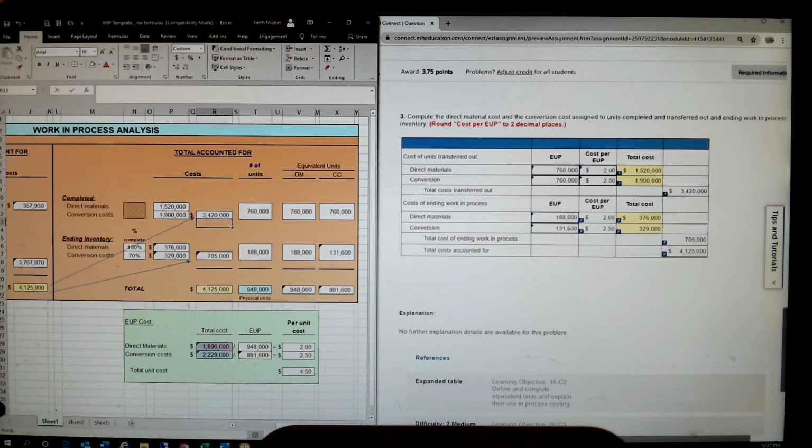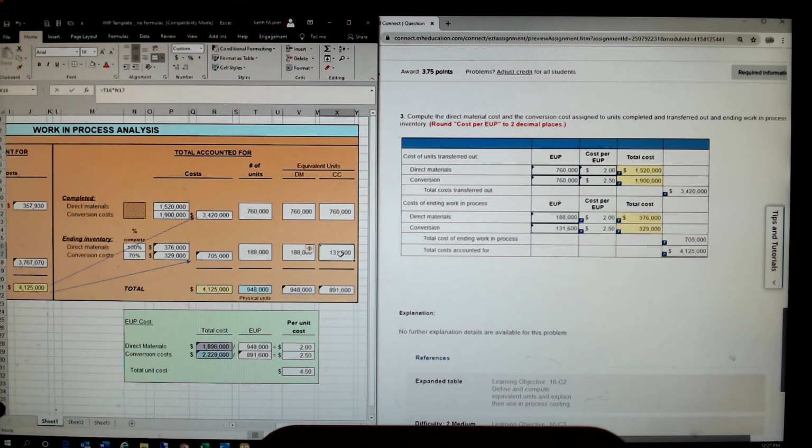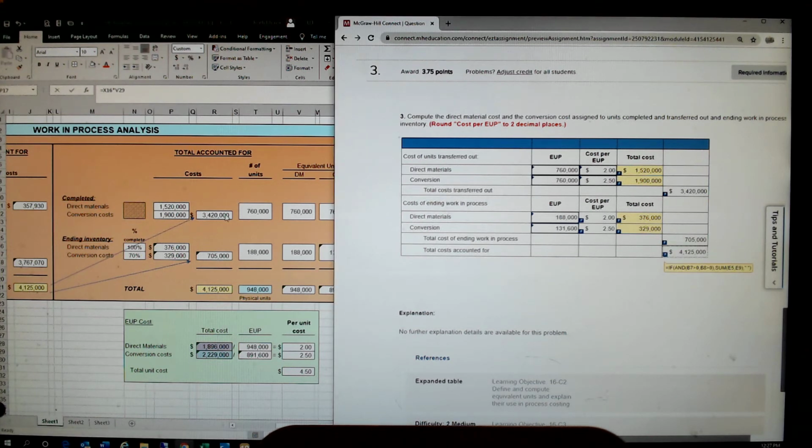And then in ending work in process, they said take the equivalent units of production for material cost times the cost, which gives you the 376 material cost in ending work in process. And same thing for conversion costs. The equivalent units of production times the cost for one whole unit gives you the conversion cost in ending work in process. So they're basically doing this column, the fourth step.